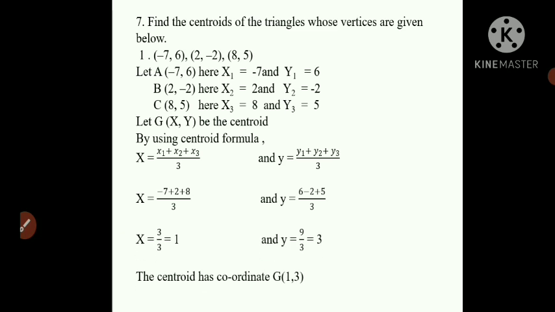So we'll simplify. See, x is equal to -7 plus 2 is -5, and plus 8 is 3. So 3 upon 3 is 1, and here y, 6 minus 2 will be 4, 4 plus 5 will be 9, 9 upon 3 will be 3. So the centroid has coordinates G, that is 1, 3.